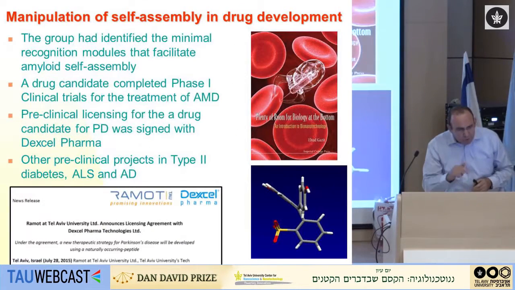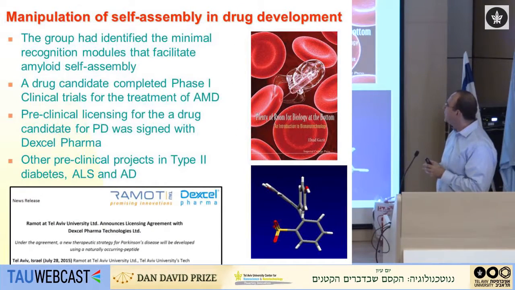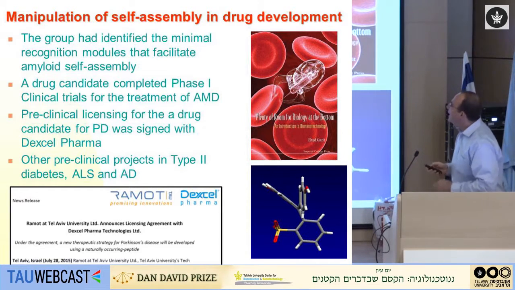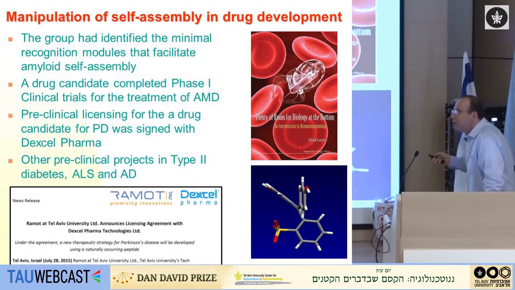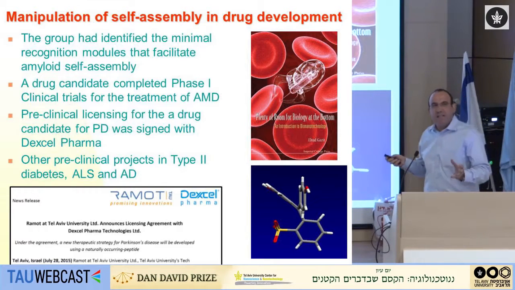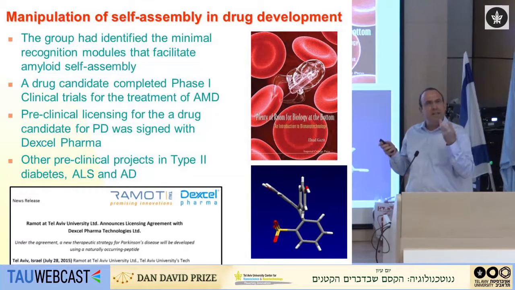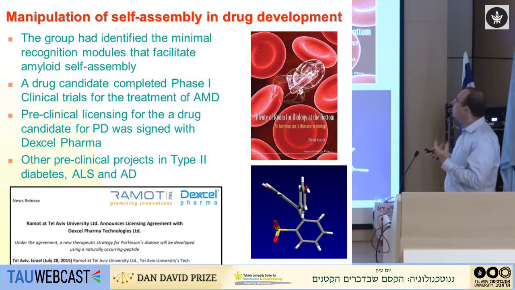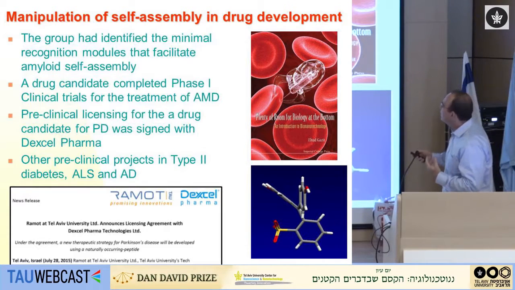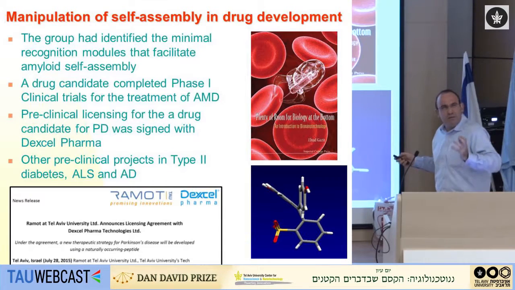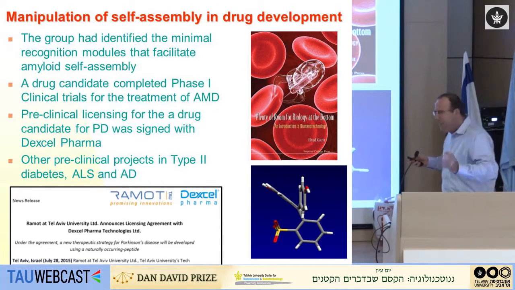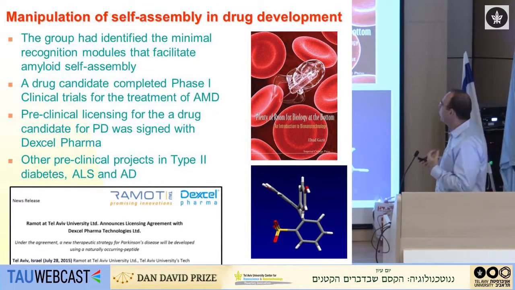Yossi Klafter also mentioned our Center for Drug Discovery and related to nanotechnology. I don't have the time to go into details, but just to give you the flavor of what we do, by understanding the minimal recognition modules that facilitate the formation of pathological structures, we can design, without thinking about the biology, just thinking about the chemistry, a way to control the structures.